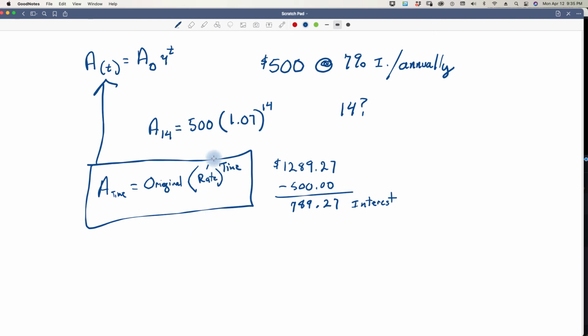And when this is compounded annually, right, it means 1 plus, it's not time, sorry, 1 to represent the original amount plus the percent in a decimal.